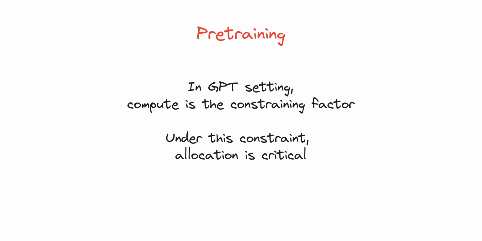So just to summarize, the key way we produce large language models is through this initial pre-training stage. Particularly when working with generative pre-trained transformers, compute is really the constraining factor, and the best use of this compute can produce the model with the best perplexity. Even with GPUs, we are still limited to the amount of compute we have, and so deciding on the best allocation, both during training and for downstream inference, is a core problem.